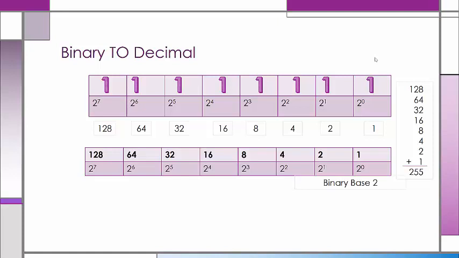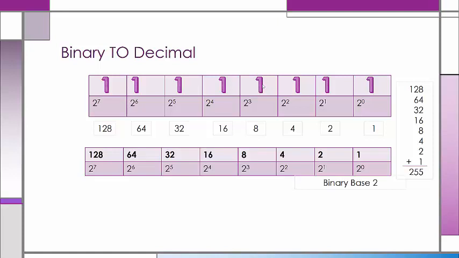We've discovered that a bit is a single digit, and 8 of those bits is a byte, which contains our coding for each character or symbol on our keyboard. And then we watched how we can convert a binary number into a decimal number.